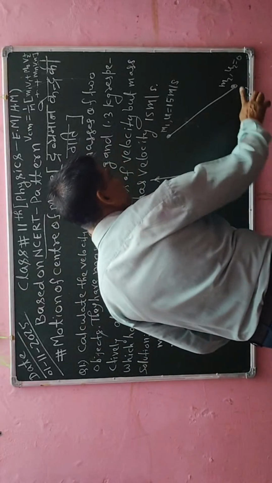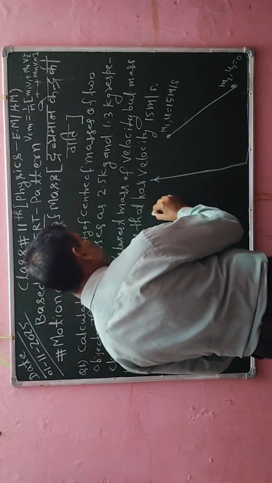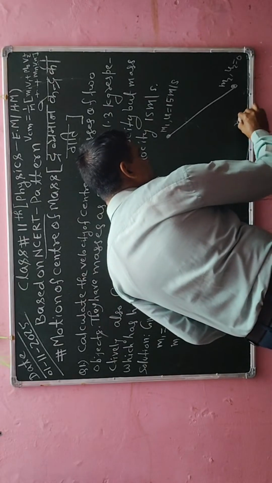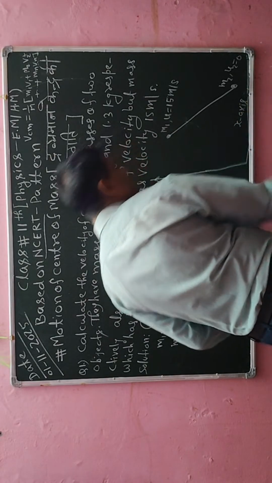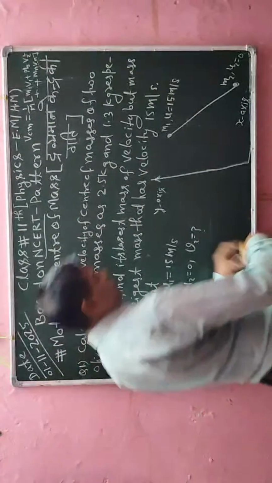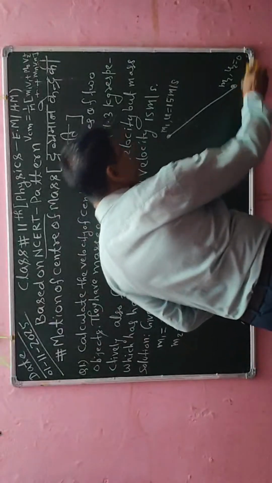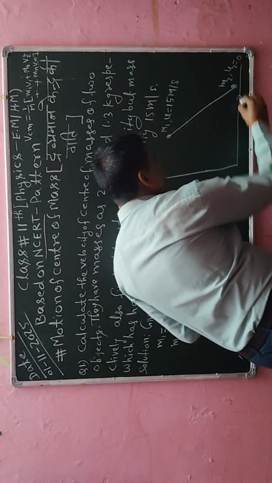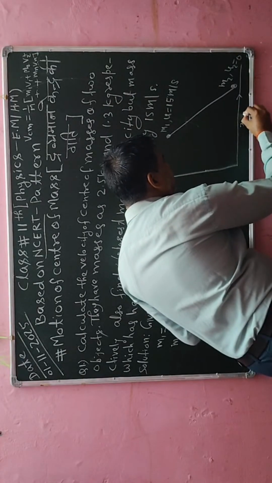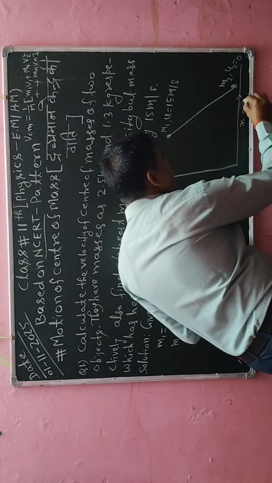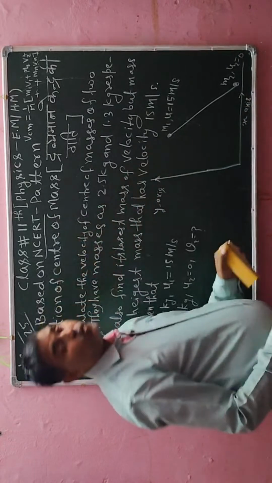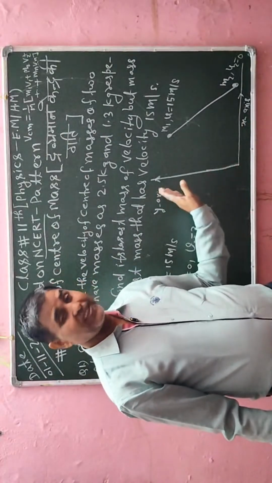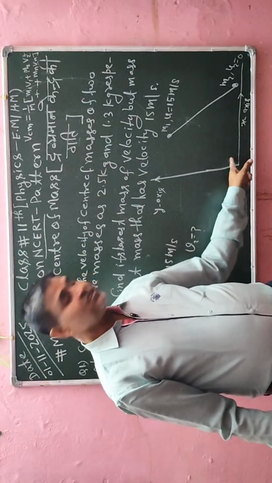So I will say this is the y axis, and this is the x axis. Positively I have to draw it. Okay student, I hope that you are understanding all this information clearly, because this is the x axis, this is the y axis, and the angle between the x and y axis is 90 degrees.